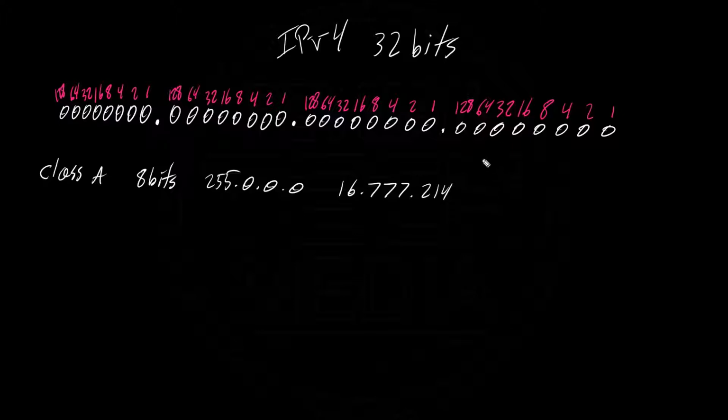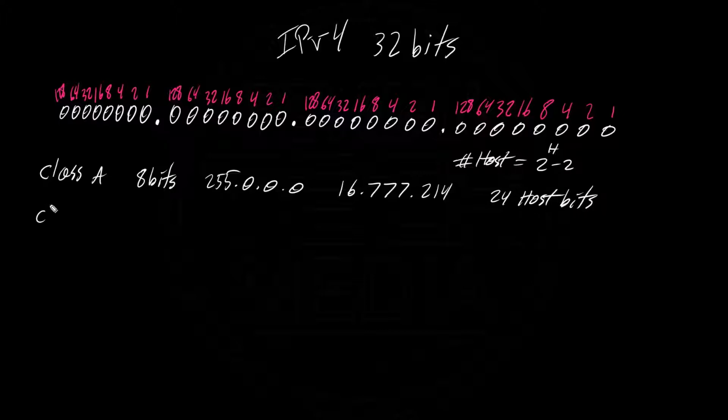We talked about the number of hosts being 2 to the power of host bits minus 2. So for class A, we have 8 network bits. Therefore, it gives us 24 host bits.